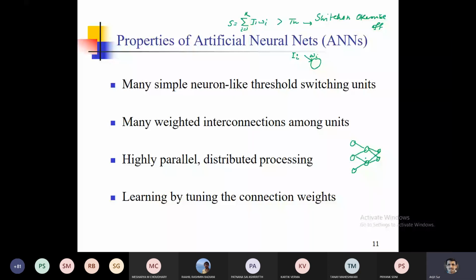Something like that. Okay. So there is a lot of interconnection.